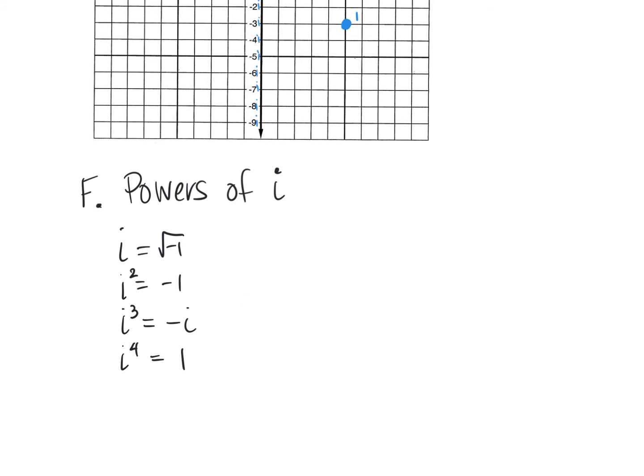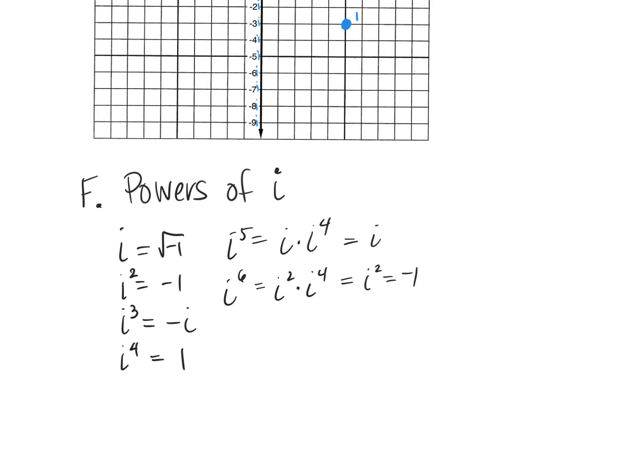Because i to the 5th is i times i to the 4th, which is i times 1. We can say i to the 6th is i squared times i to the 4th, which is i squared times 1, which is negative 1.